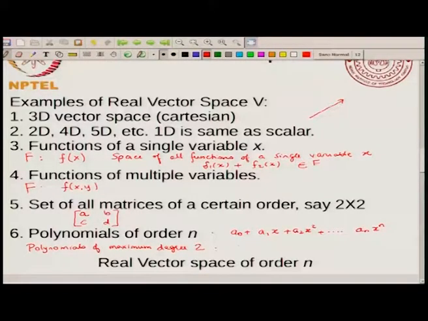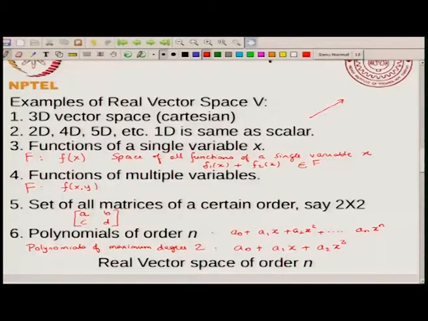And the reason I am saying maximum degree is that this is a general polynomial of degree 2, and if a2 is 0 then it becomes a polynomial of degree 1. So polynomials of maximum degree 2.